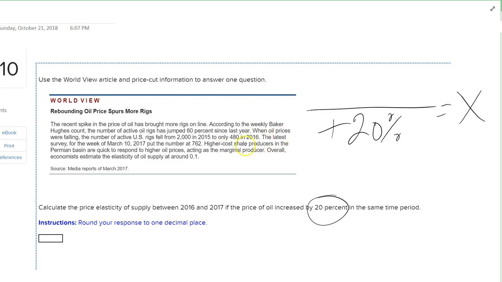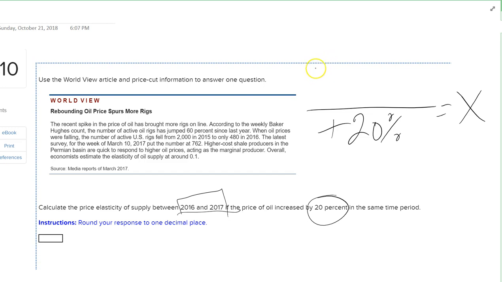And then in the top, it's going to give you the quantities. So let's say that this is going to be, it went from 2,000 to 480 in 2016. Then it's between 2016 and 2017, so watch out for the years here. And then it went from 480 in 2016 to 762. So we're going to take that midpoint formula to calculate that change from 480 to 762.